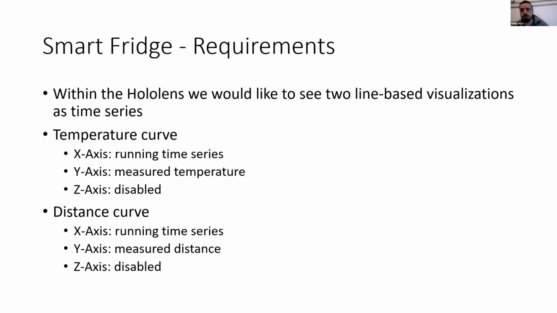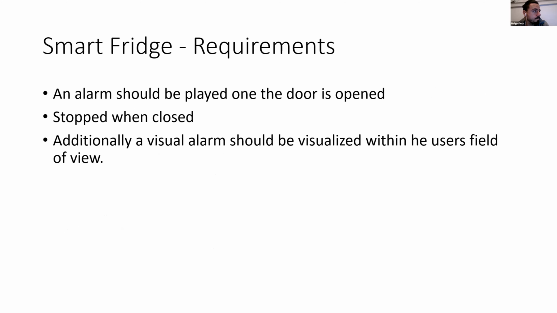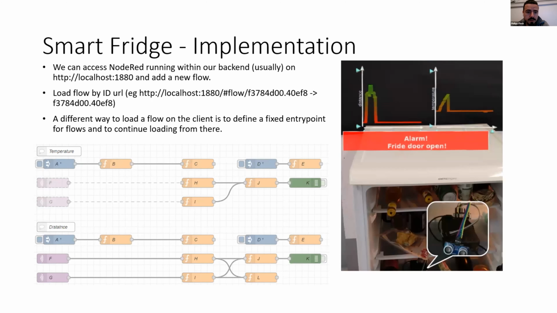Some requirements: we want a really simple XY visualization, where on the x-axis we have the time running, and on the y-axis we have either the temperature or the distance. And the alarm should turn off once somebody closes the fridge. So we have two distinct flows for that. All the examples are in the GitHub, so you can have a look in detail.